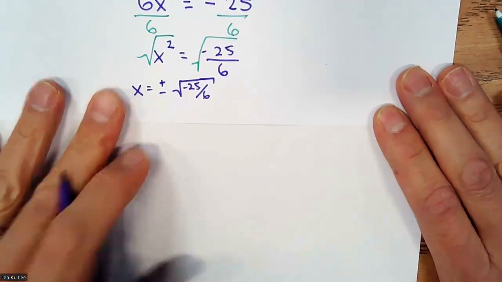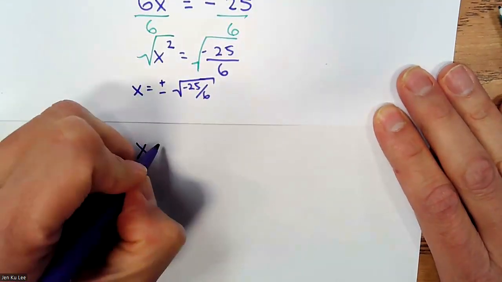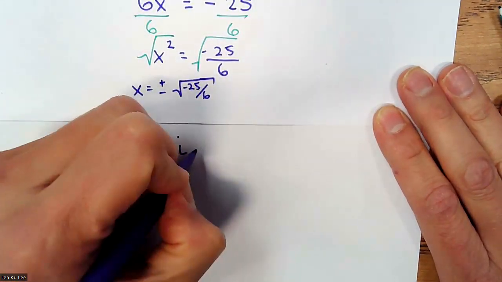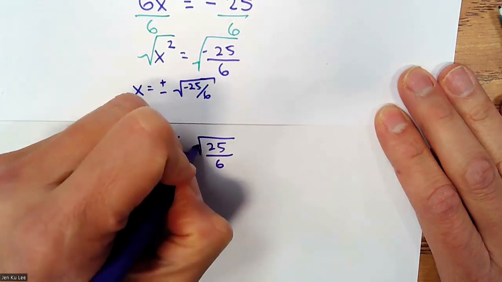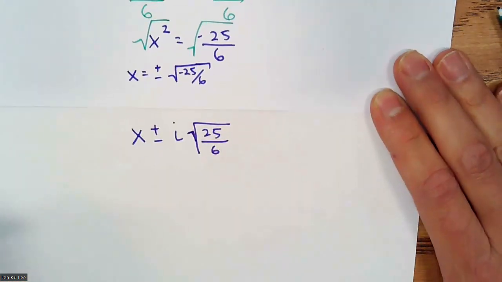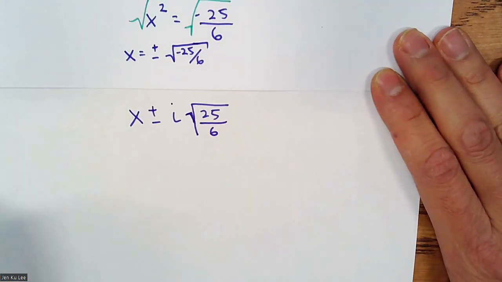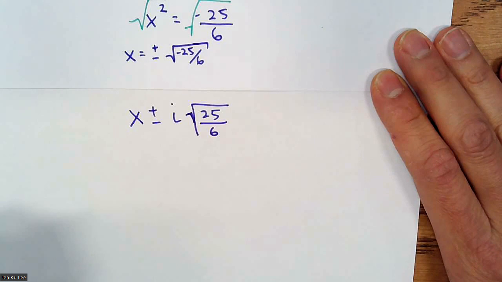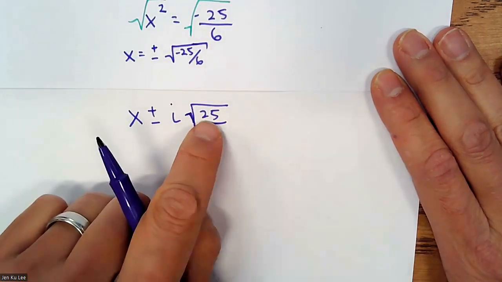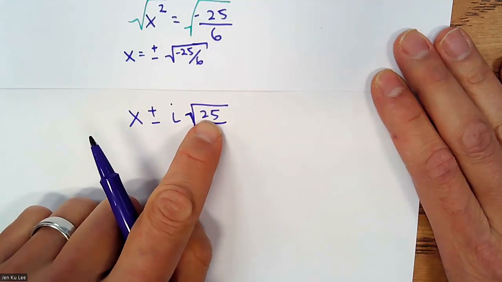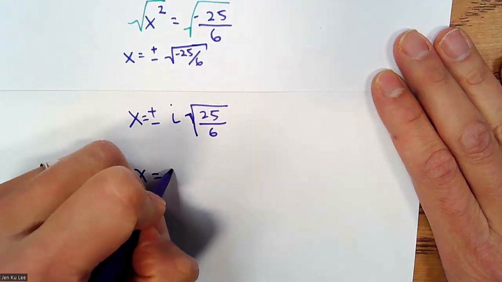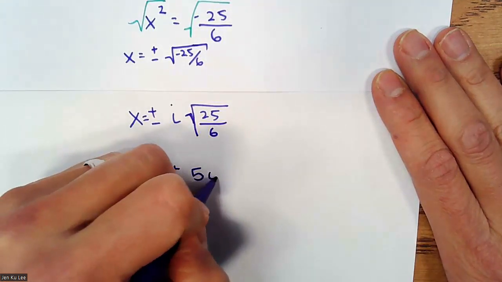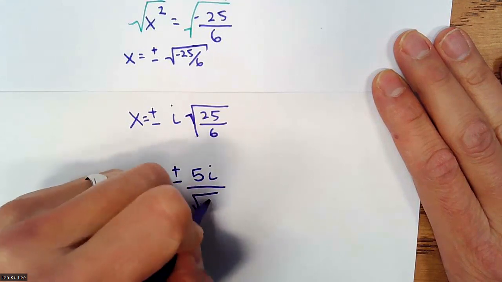And that is going to be broken down. I see a negative. So I take the square root of 25 over 6. What's the square root of 25? 5, right? So I see a perfect square. So x is going to equal plus or minus 5i over square root of 6.